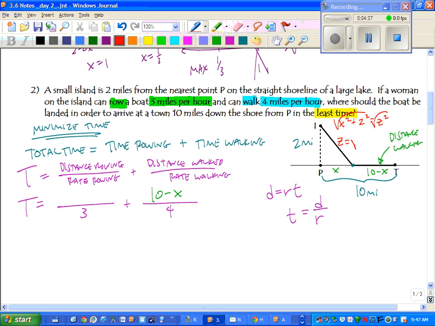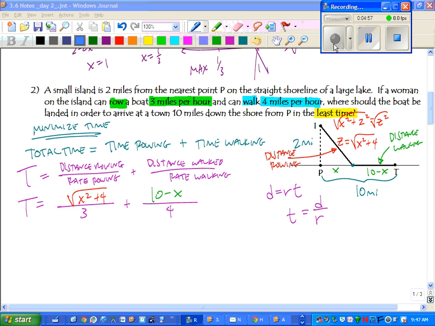So this distance is going to be the square root of x squared plus 4. That's our distance rowing, the square root of x squared plus 4, so that's going to go on top over here. All right, the setting up, which can many times be the hardest part, is done.